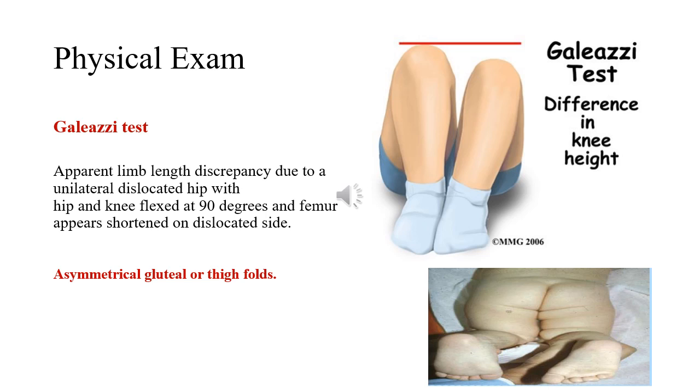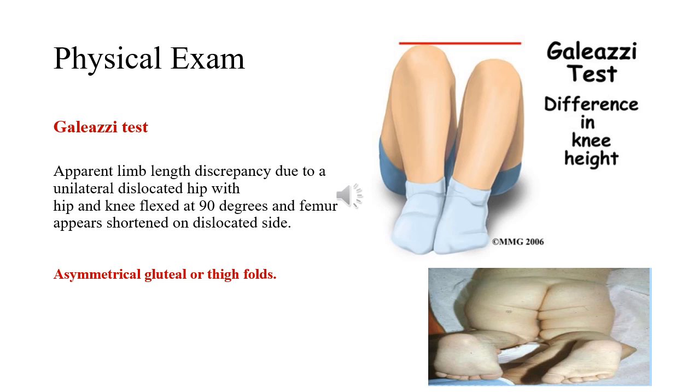The way to do it is to put the hip in 45 degrees of flexion and the knees in about 90 degrees of flexion, and then you check the height of the patellae on both sides, and then the height of the tibial tuberosities on both sides from the side.